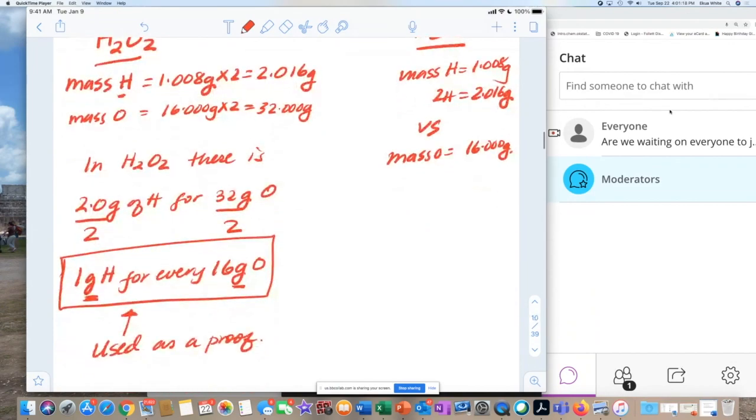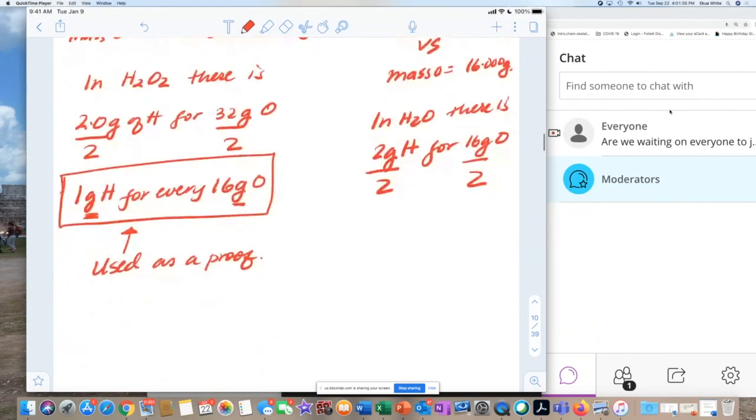Now what we have here, comparing the two, in H2O, there is 2 grams of hydrogen for 16 grams of oxygen. Divide by 2, divide by 2, we have 1 gram of hydrogen for 8 grams of oxygen.